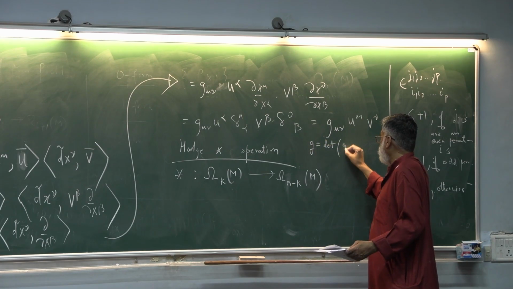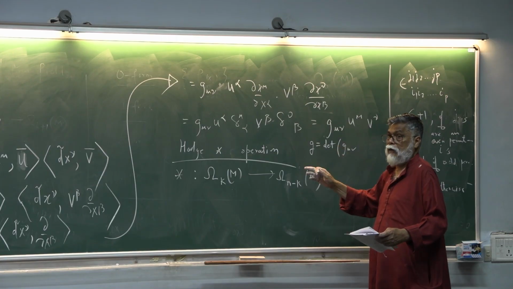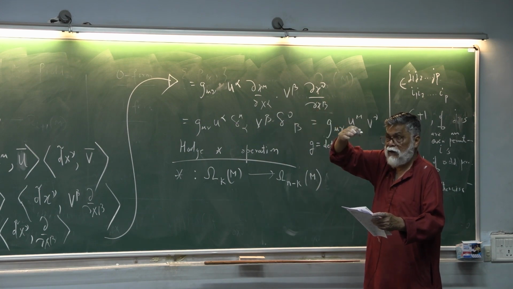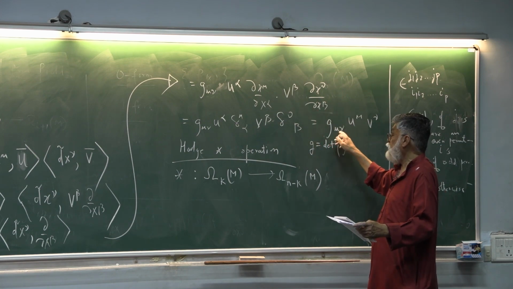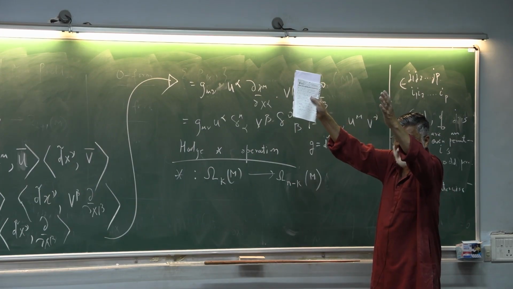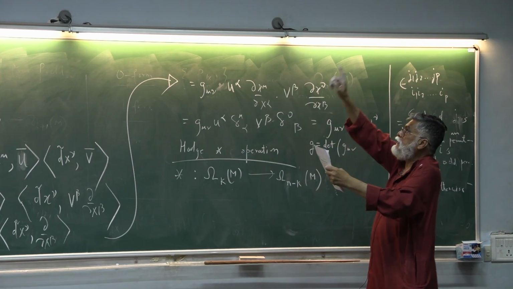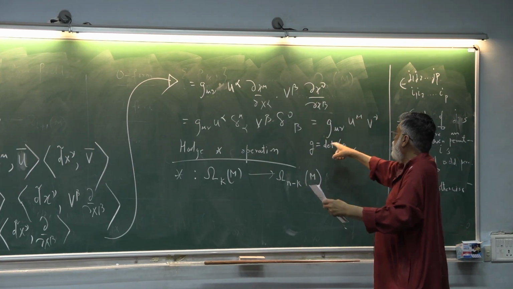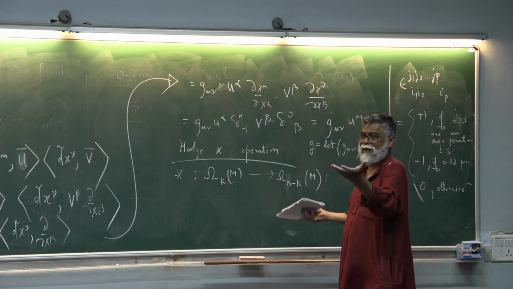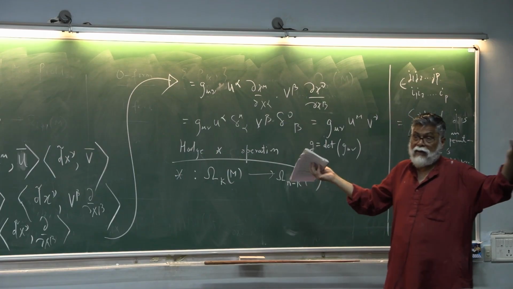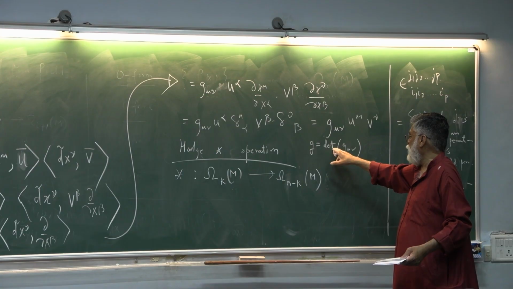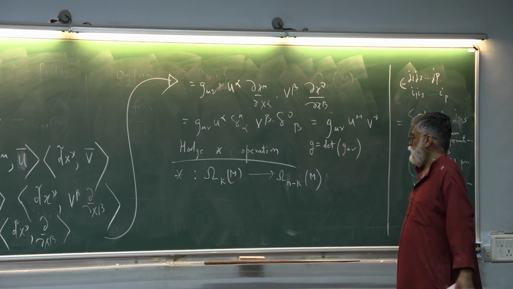So what do I mean by that? G mu nu, mu is going from 1 to n, nu is going from 1 to n, but I can therefore treat it as a matrix. Okay, I can write it as G11, G12. So if I write G mu nu as a matrix, because any two component object can be written as a matrix, and therefore it's a square matrix, and I can take the determinant. So small g is the symbol for determinant of the metric G mu nu.